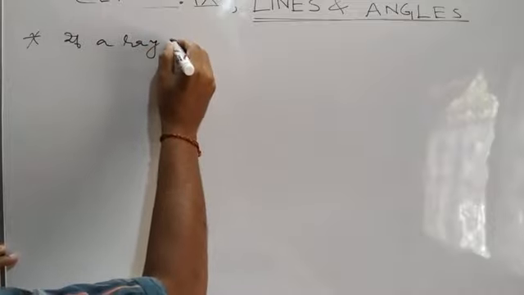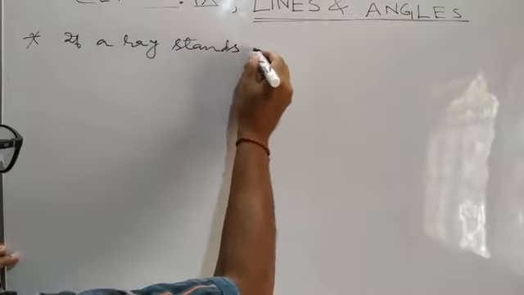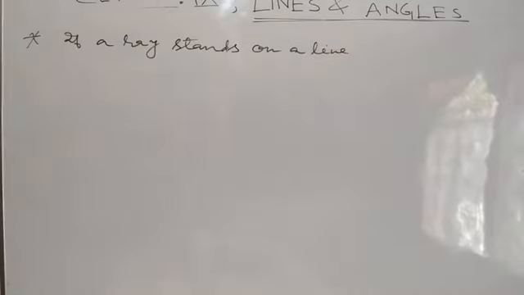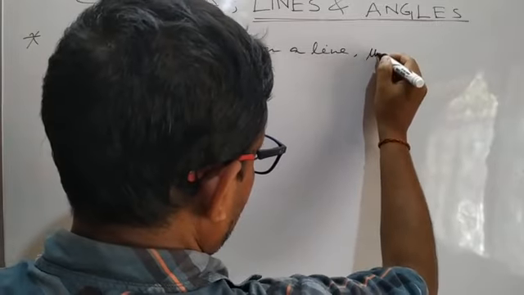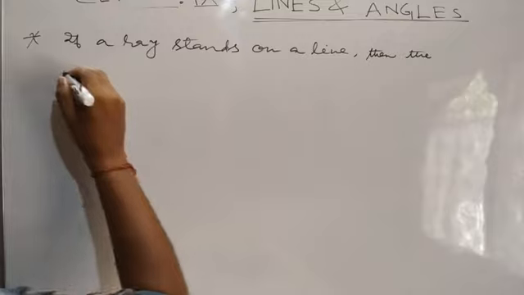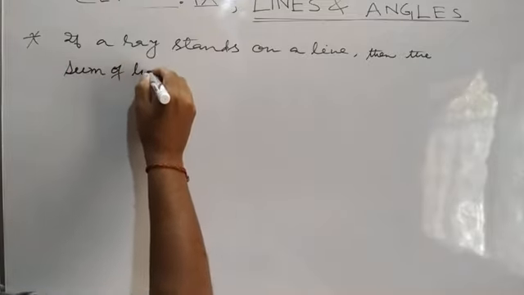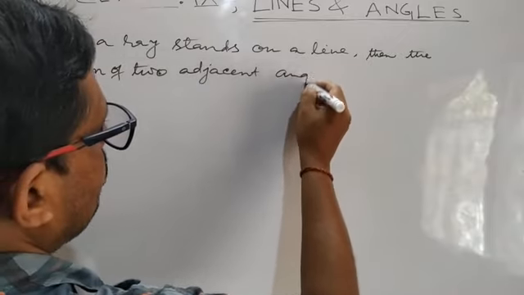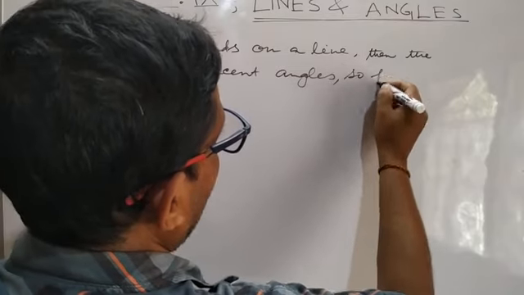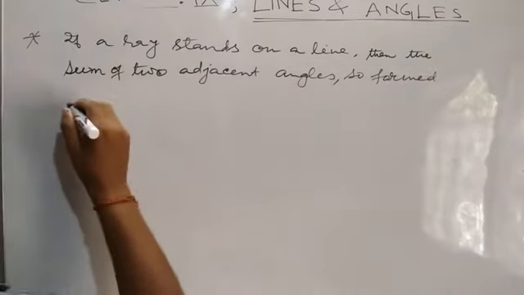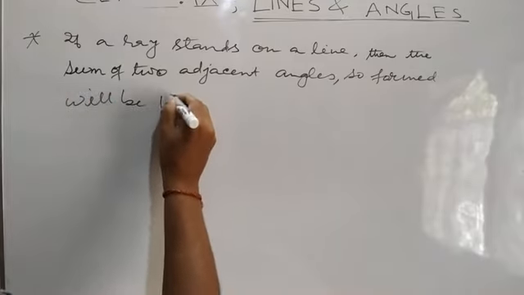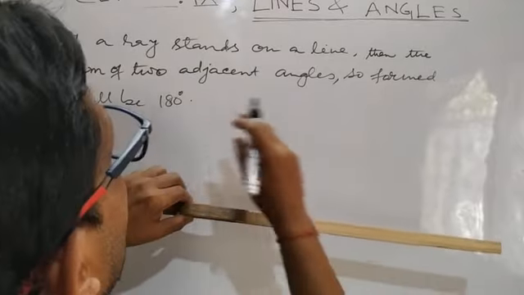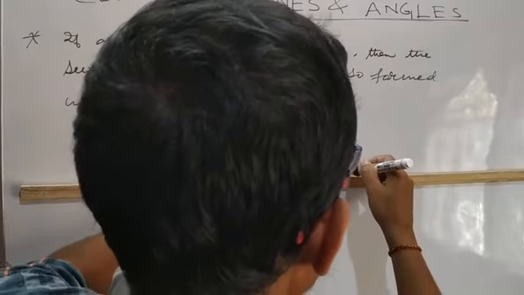If a ray stands on a line, then the sum of two adjacent angles so formed will be 180 degrees.